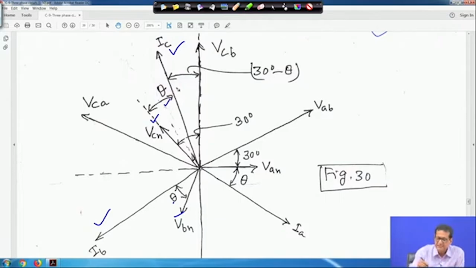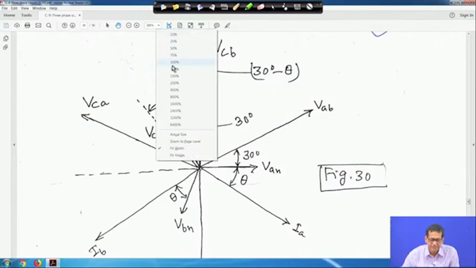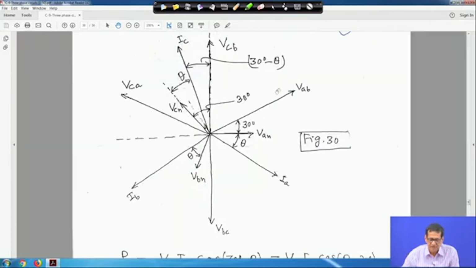Now, let me clear it. Hold on, I'll reduce the zoom. In this case this is my VBC. If I want VCB, just a 180 degree phase shift, the opposite way, this is my VCB, right.